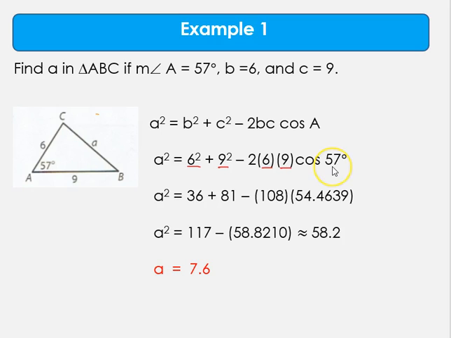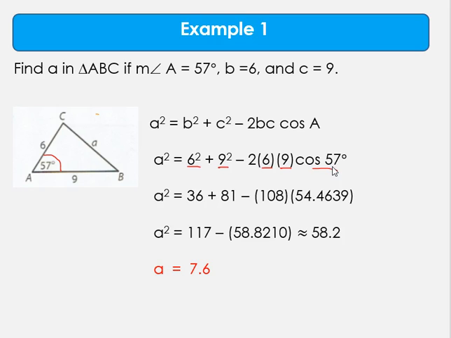Now the cosine 57 comes from cosine angle A, and we merely are going to substitute the degree measure into the letter of the angle. So we have cosine 57. And if we solve, 6 squared is 36, 9 squared is 81, and 2 times 6 times 9 is 108, and cosine 57 is 54.4639.